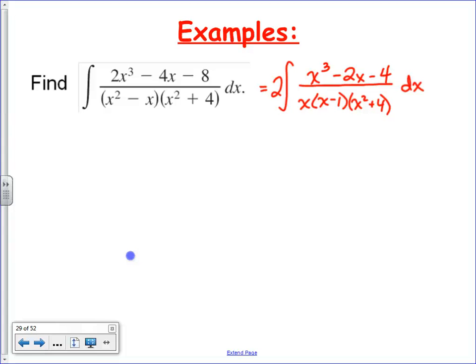Hold on. Why don't I just do U substitution? It's too difficult. Complicated. What would you think of if you had thought of U substitution? You would try to FOIL, right, and see what you have?